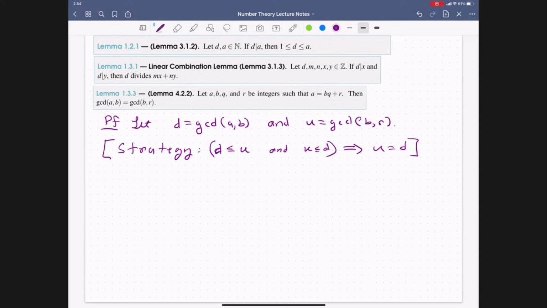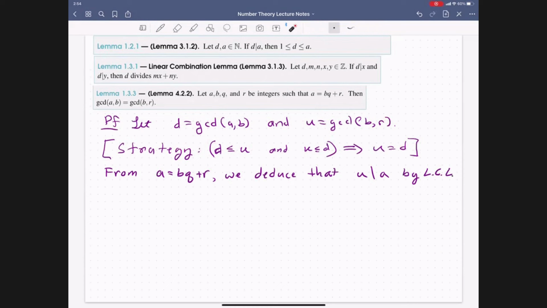What we are going to do is use the equation that we're given. From A equals BQ plus R, we deduce that U divides A by the linear combination lemma, which I'm abbreviating as LCL.